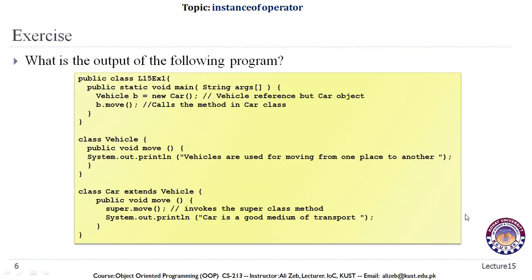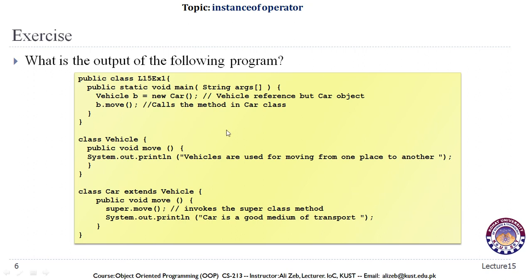So to check your understanding of polymorphism, it's a simple example. If you can guess the output of this program before you run it: we have a class Vehicle and it has a method move that prints some statement, and we have a class Car that extends the Vehicle class and it has the same move method with its own print statement, as well as a call to the superclass's move method.